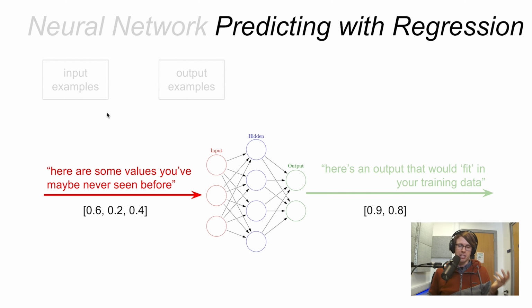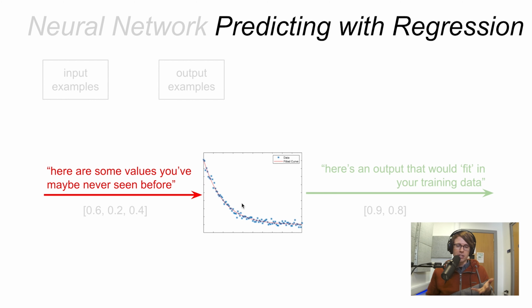One way to think about this is if these blue dots are all of our data points and they fit in this space in a curved way, the neural network is able to learn this red curve that represents the general shape of my data. That way, if I give it an input value that is not in the training examples, it goes to this red curve and is able to identify, if this were an input point, what output point would this correspond to so that it fits within my training data.